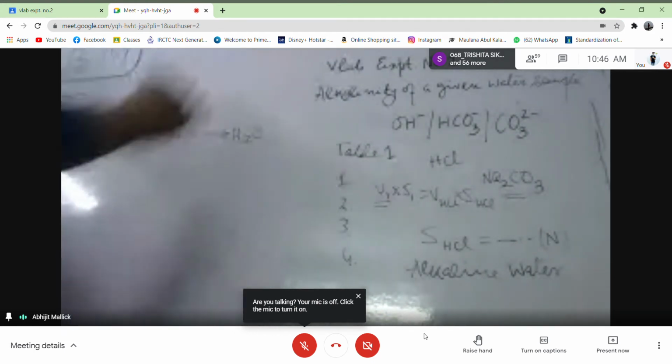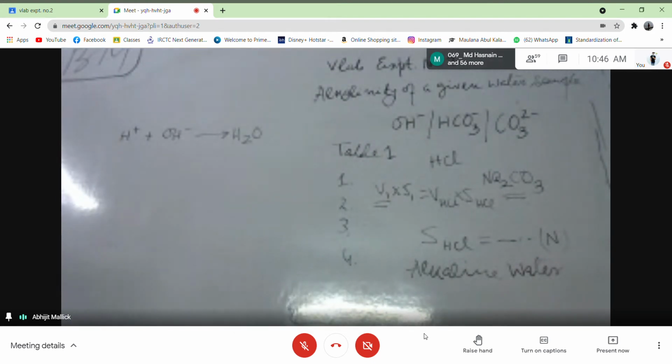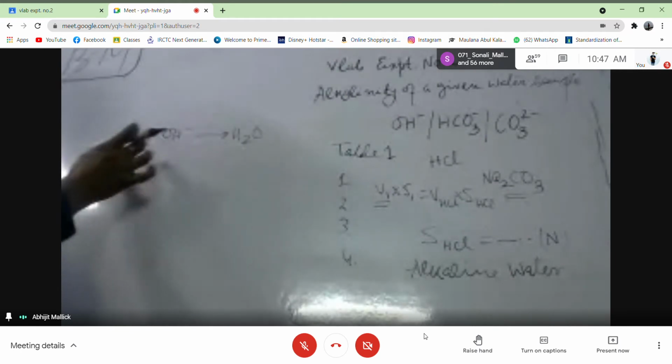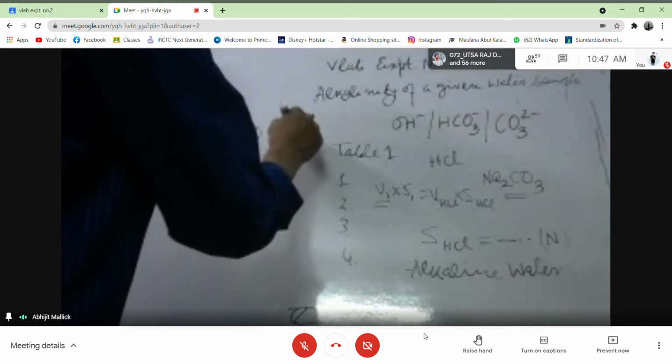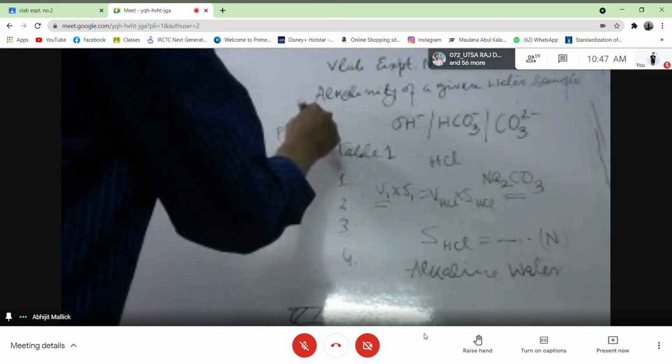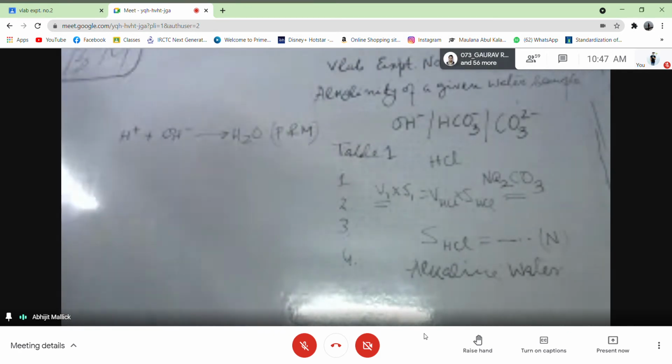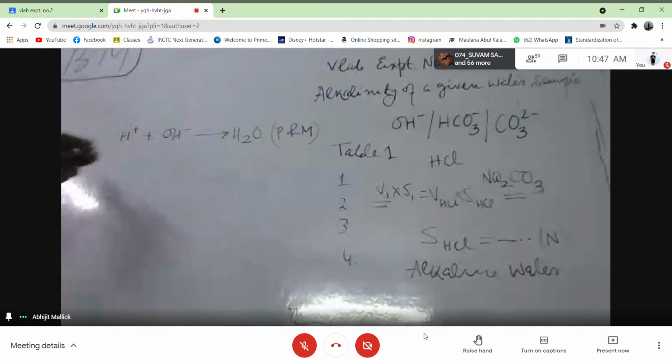In the presence of H plus, OH minus reacts with H plus, forming water. And as you know, this is a strong acid, strong base titration, so we can use phenolphthalein or methyl red. Any one we can use for this purpose.